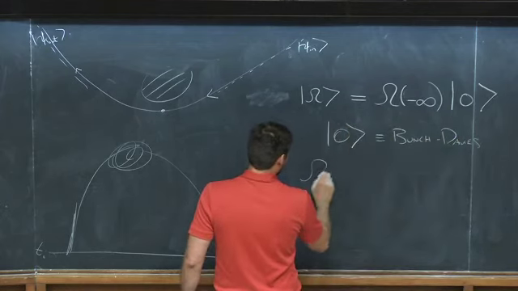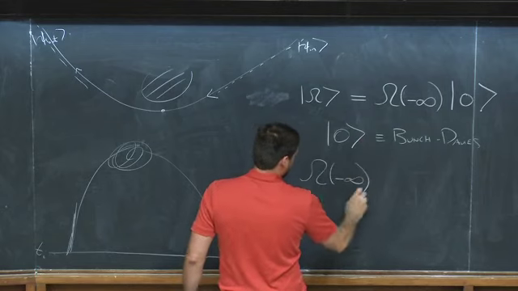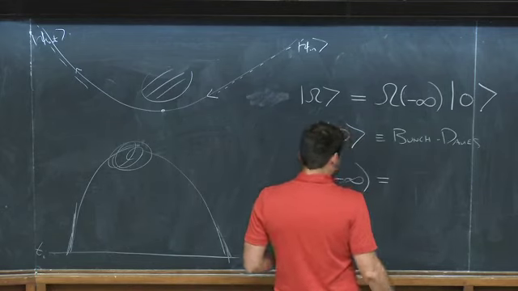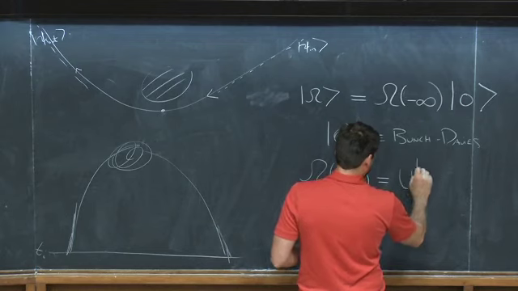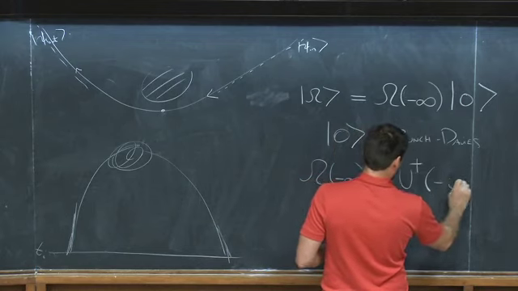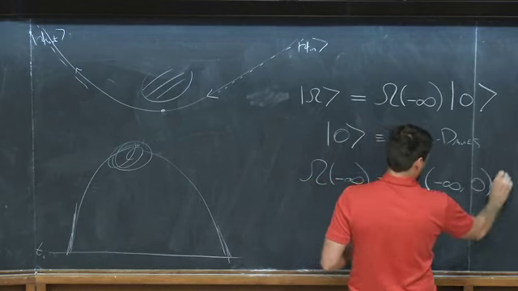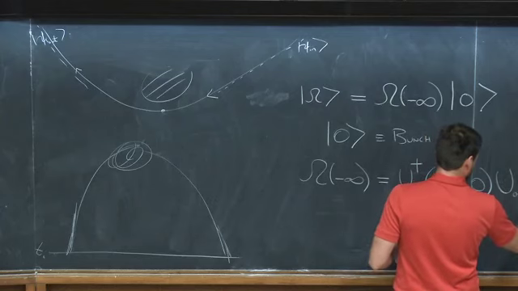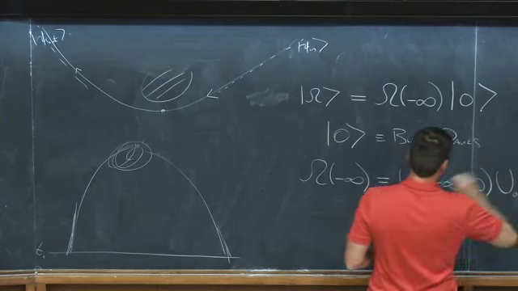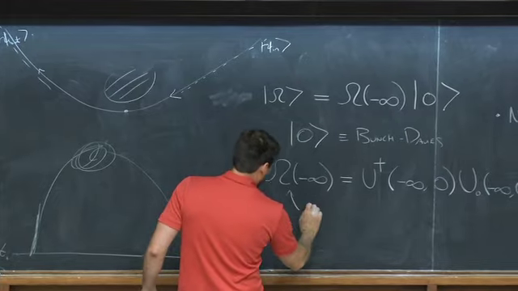And this omega is by definition this Moller operator.